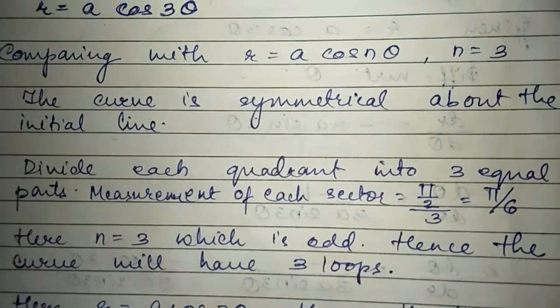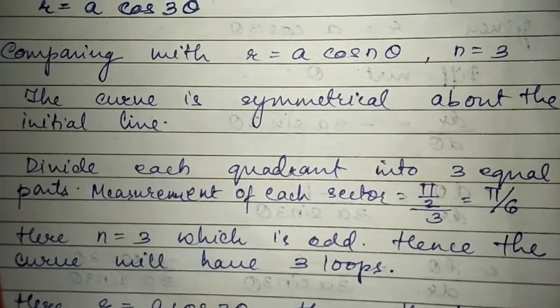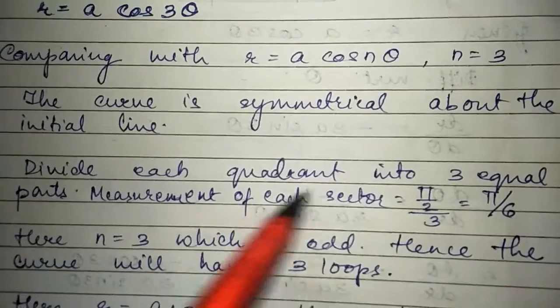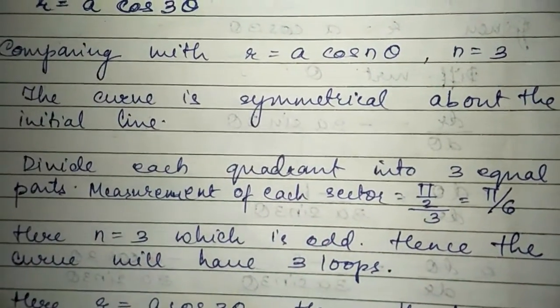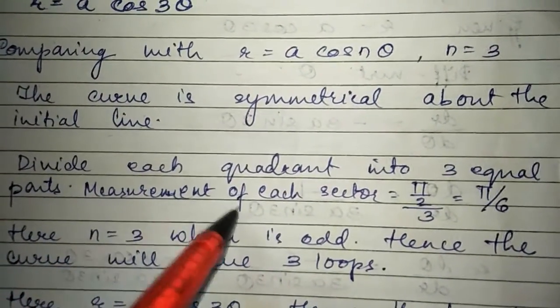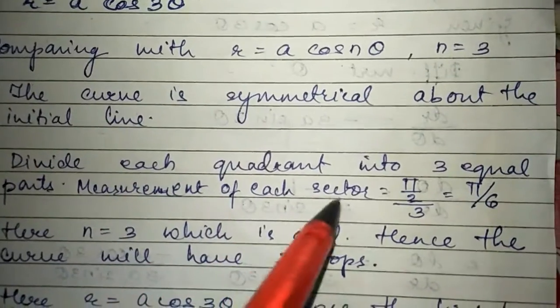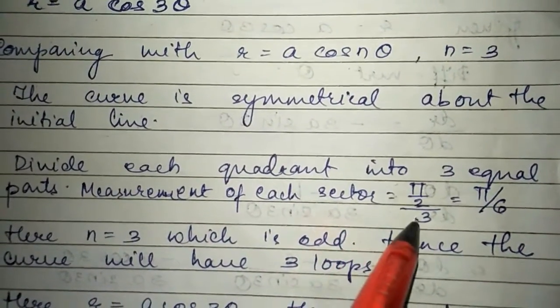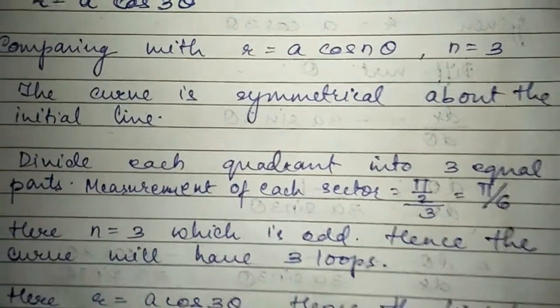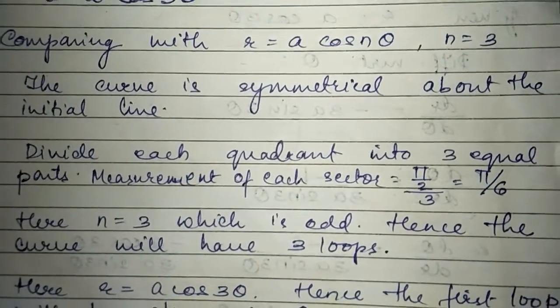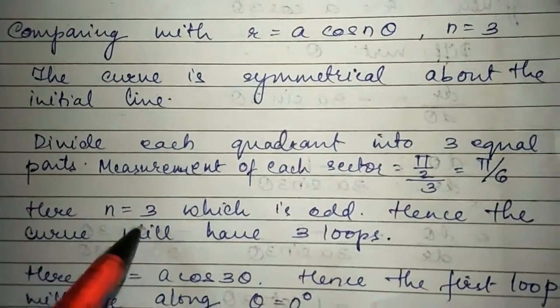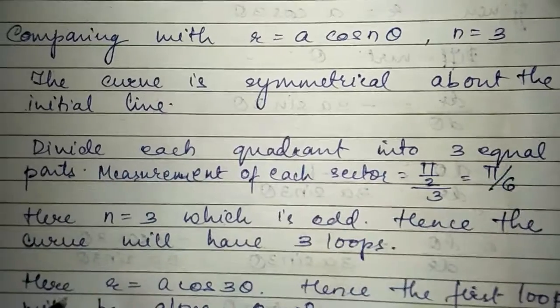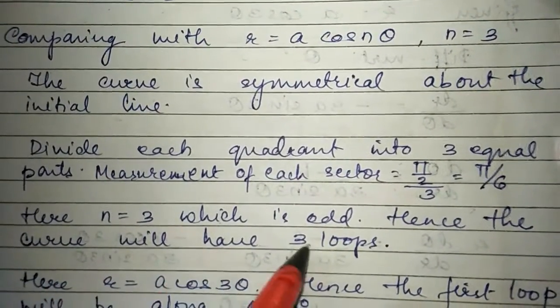Now here n is equal to 3, so we'll divide each quadrant into 3 equal parts. Measurement of each sector will be pi by 2 by 3, that is pi by 6. Then next, n is 3, which is odd, hence the curve will have 3 loops.